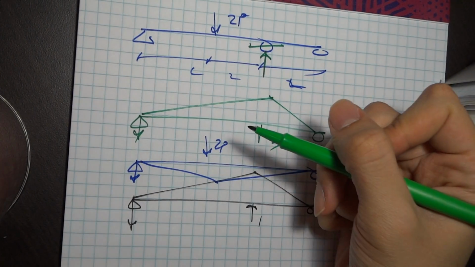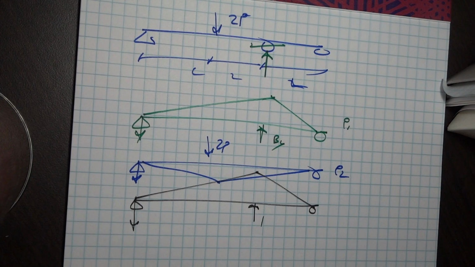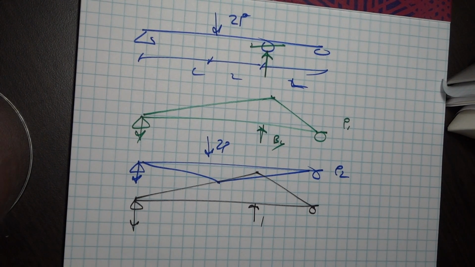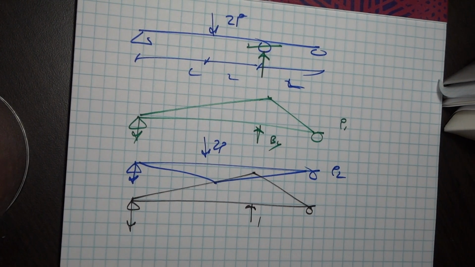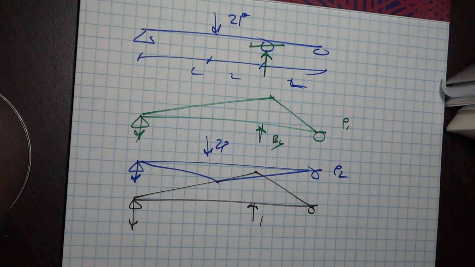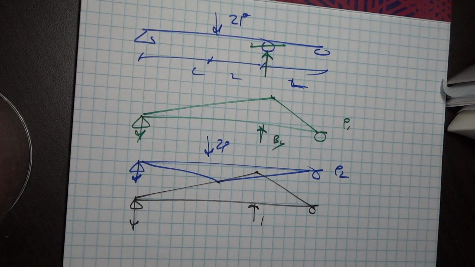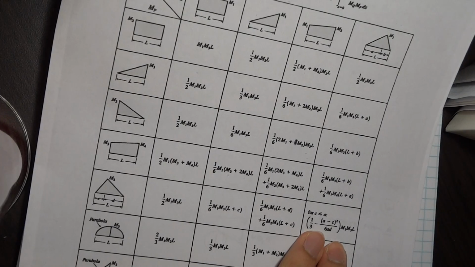Basically, wherever I have a change in slope in my moment diagram, I'll need to look at a different value. And let me double check here. Actually, that's not true. I thought that I would have to break it up into triangle, triangle, and a trapezoid because of the discontinuities there. But it turns out that I can just go ahead and use this formula.